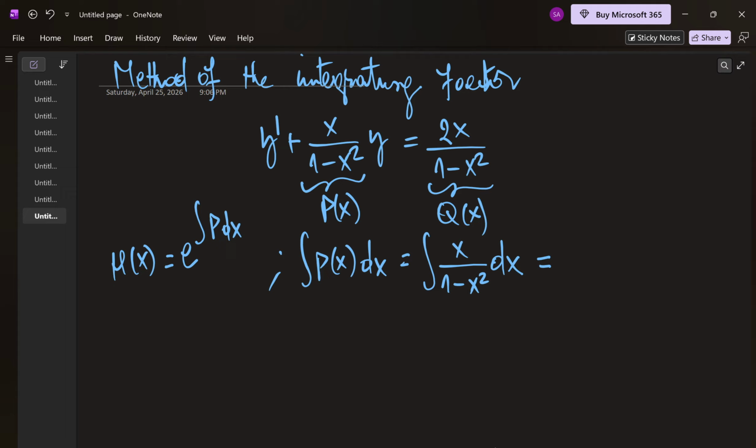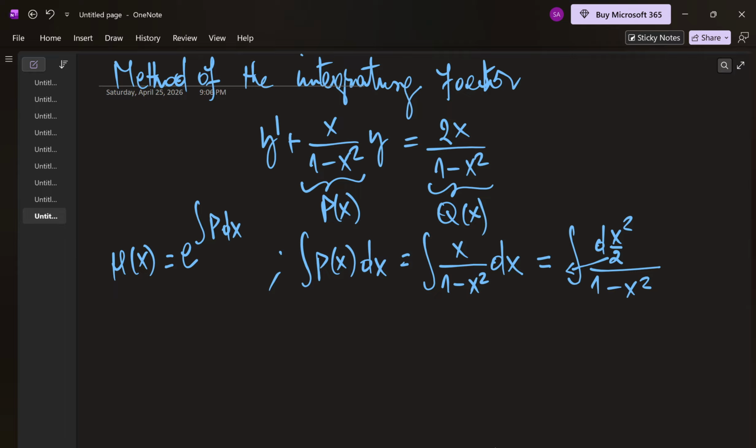I will use the ways we used to do in classroom. I will not simplify it and take another change of variable. So this is actually equal to d(x squared) over 2, over 1 minus x squared.